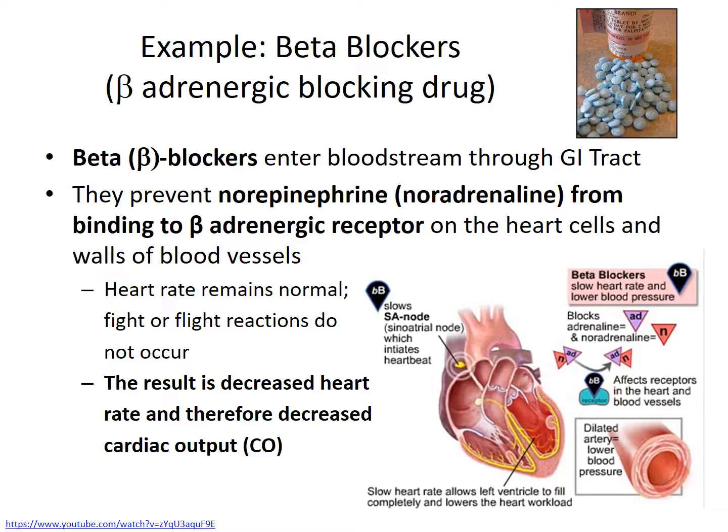As a result, when the sympathetic nervous system stimulates the release of norepinephrine, even though it's present in the synaptic cleft, the beta blockers are bound to the adrenergic receptors, thus preventing the norepinephrine from binding and increasing the heart rate. That's what the sympathetic nervous system does when it secretes norepinephrine.